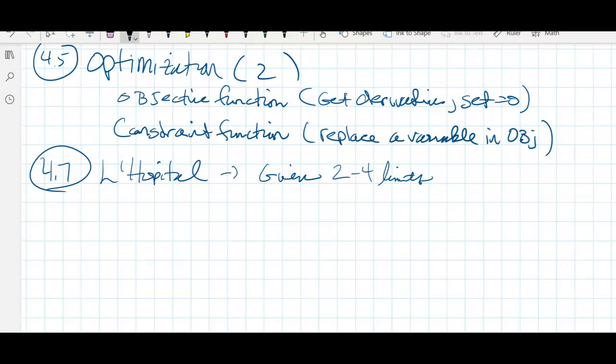Now, indeterminate form. Don't forget. In order to use L'Hopital, you need to first show me that your function comes out to this indeterminate form.